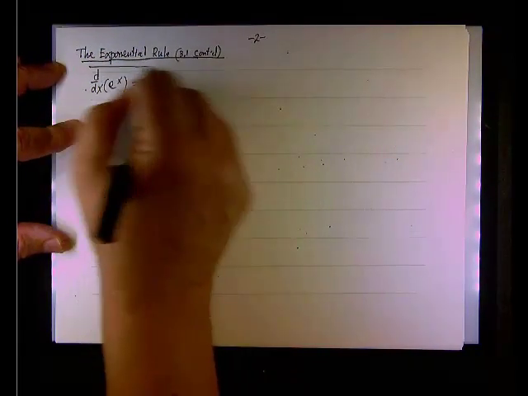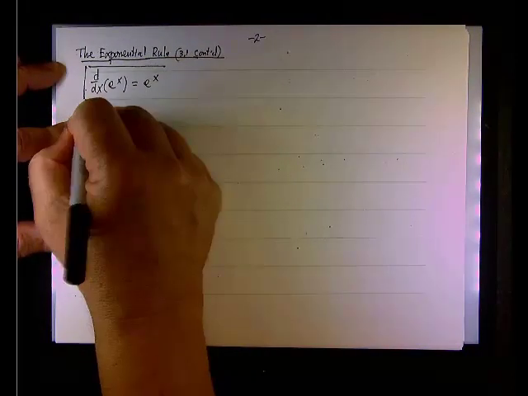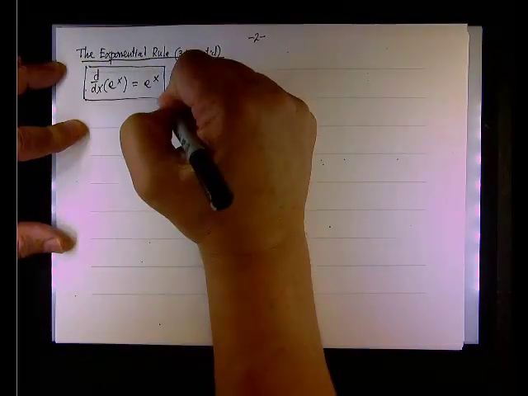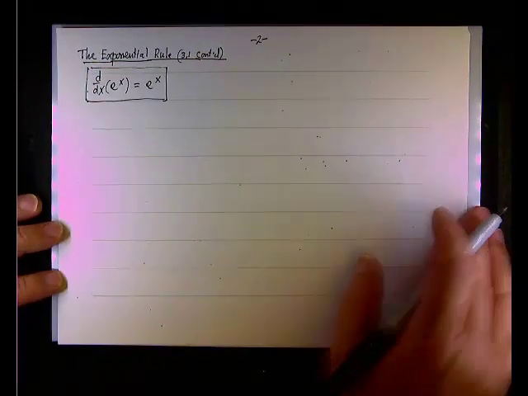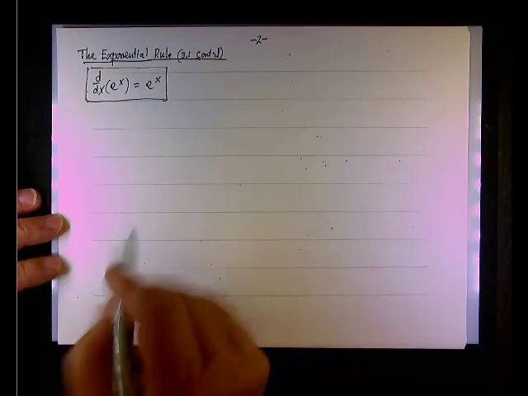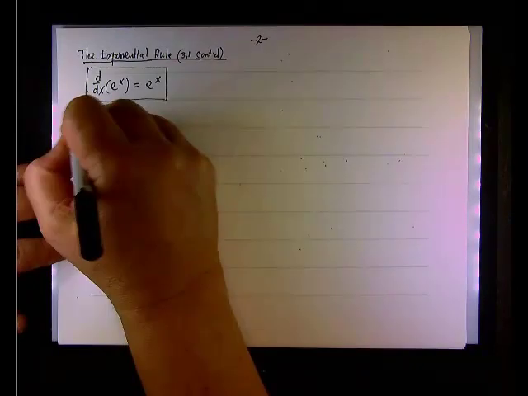This is so simple. It cannot get any simpler than that when it comes to differentiating rules. But here's what we're going to do next.